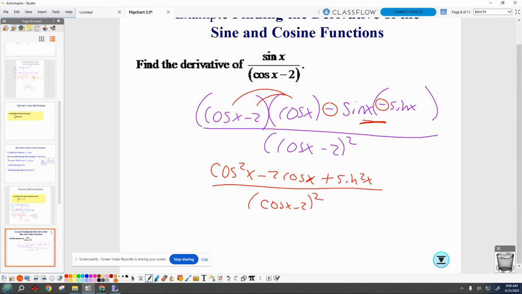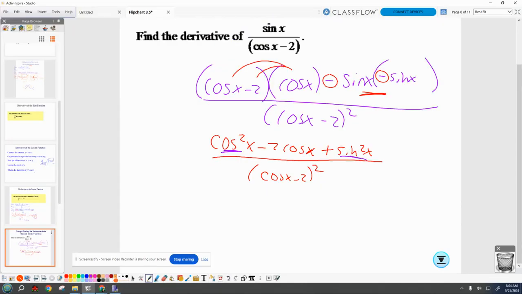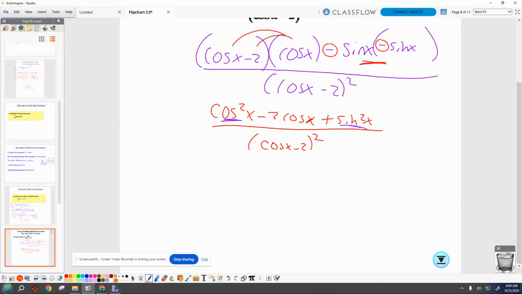There's one more thing to do. Diane, what do you see? Cosine squared x plus sine squared x is 1. So be thankful, they don't expect you to remember a lot of the trig identities from last year. This one they want you to know: cosine squared plus sine squared equals 1.